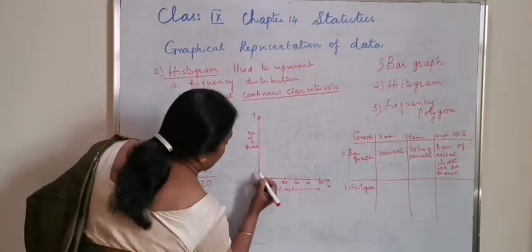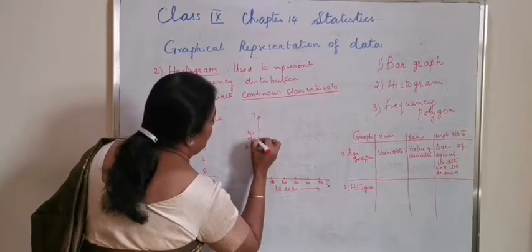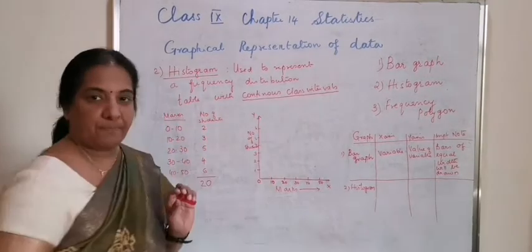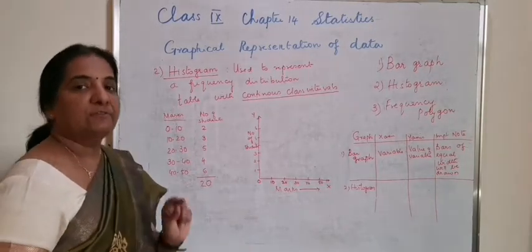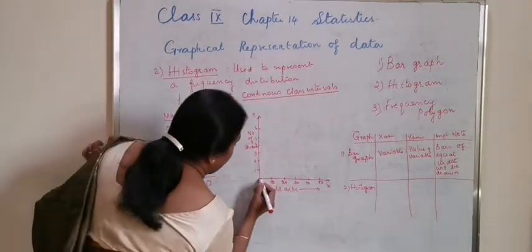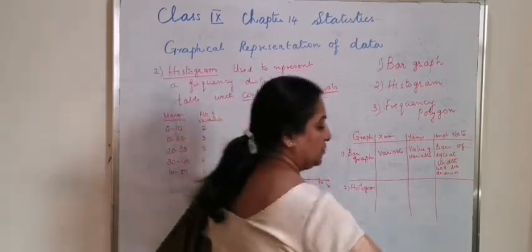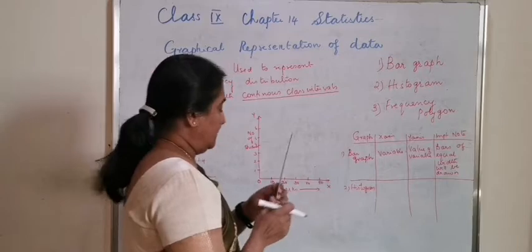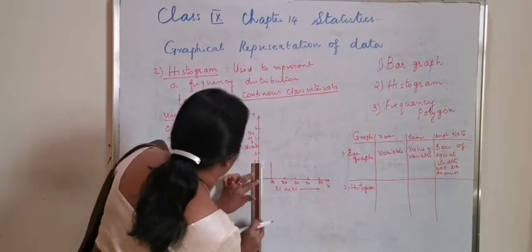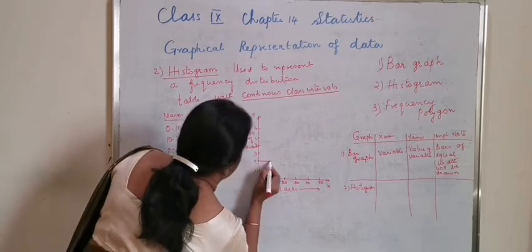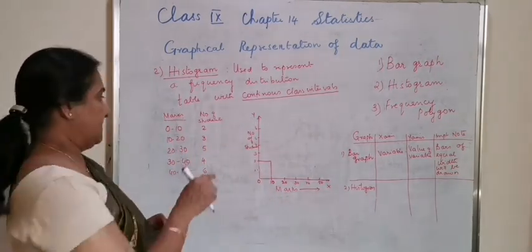So you can take 1 unit as 1, 2, 3, 4, 5, 6. The first class of 0 to 10 will have 2 students, so you will draw a bar with the frequency of 2.